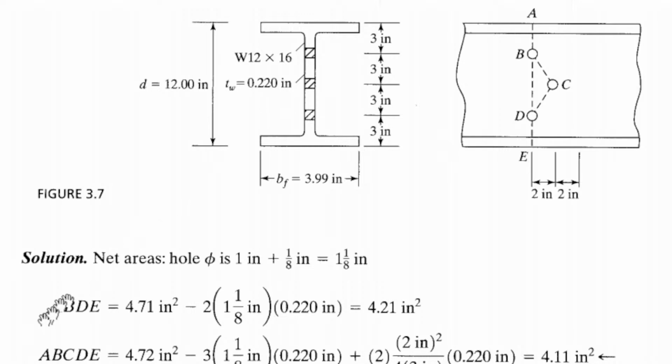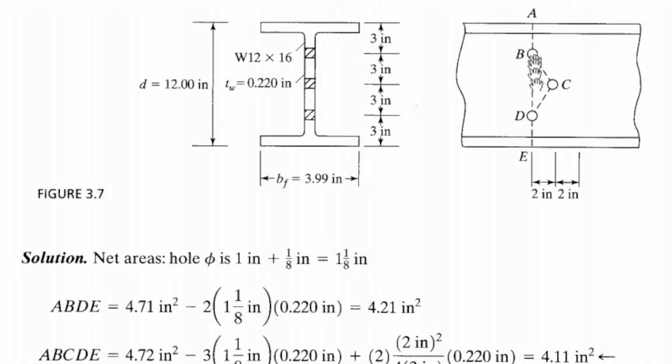So A, B, D, E. Straightforward. Cross-sectional area minus the two holes. Straightforward because it is vertically straight. There are no staggered holes in this path, A, B, D, E. The cross-sectional area is exactly 4.71 as given, as we can get from the table for W12 by 16, minus two holes.